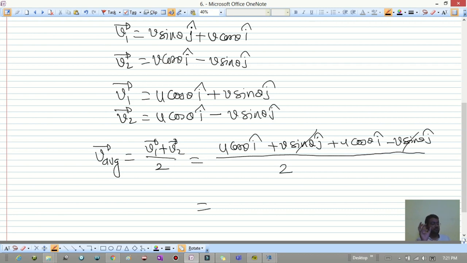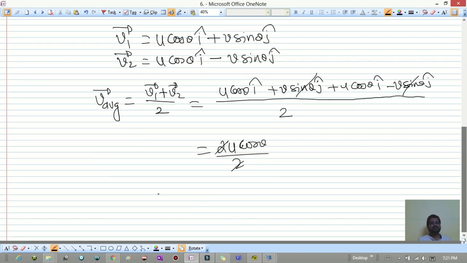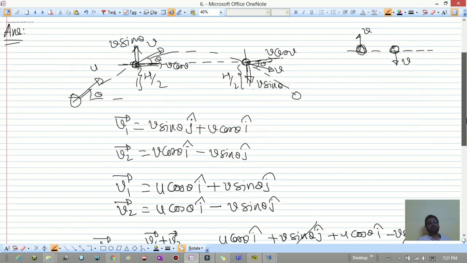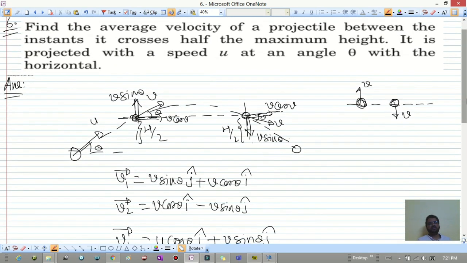It is for uniformly accelerated motion. We can write initial velocity plus final velocity divided by 2 as the average velocity, right? So you will get 2 u cos theta divided by 2, which cancels, and we have the average velocity as u cos theta in i hat direction. So I hope this is clear. This is the average velocity of the particle between the two points at half the maximum height.